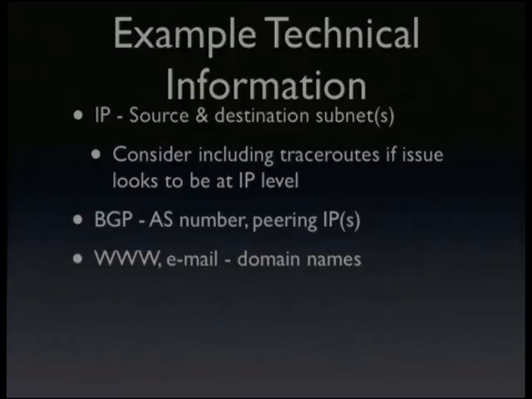For those of us that live our life in BGP, if I don't have an AS number, you don't exist. If you're doing web-based issues or email, include the domain names. I don't care that your company is whatever.com if the domain that's actually got the problem is product.com.